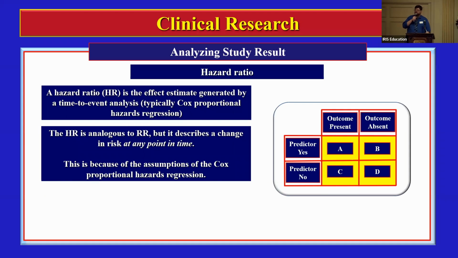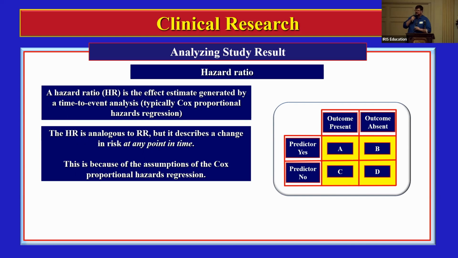Hazard ratios are a little bit different in that you can think of a hazard ratio as analogous to a relative risk, but at any point in time. And so hazard ratios are the effect measure that's generated by Cox proportional hazard regression. What that's saying is that the assumption of that test is that at any given point in time, the risk that exists will be relative to some baseline rate.